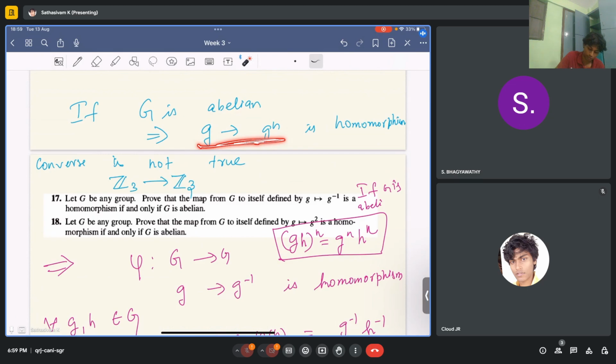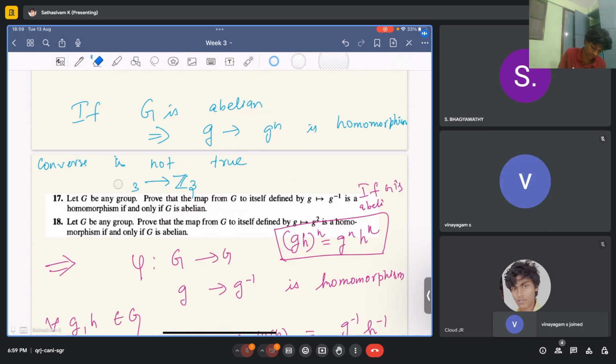What will be this map? This basically means you take x and map it to 3x, right? So 3x is always 0. So this is a trivial map. A trivial map is always a homomorphism. But this group is also abelian, so that does not tell us anything.